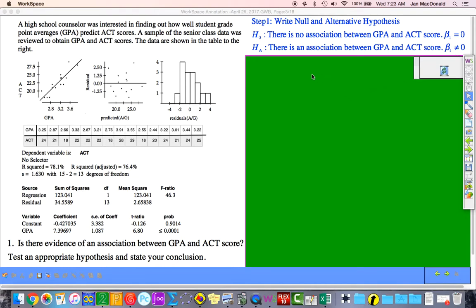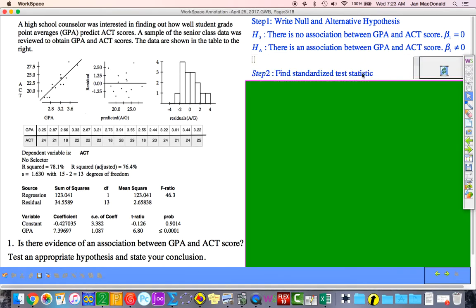Okay. Step 2. We're going to find our standardized test statistic. In this case, our standardized test statistic is a t-value with n-2 degrees of freedom.